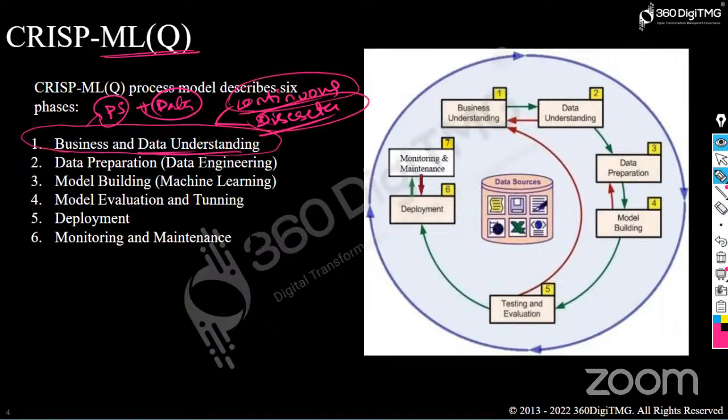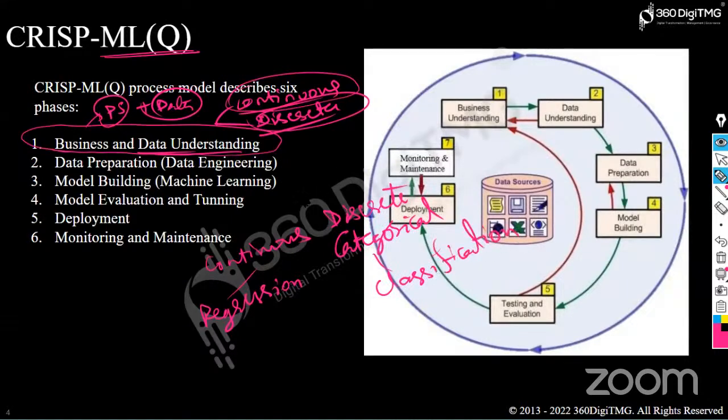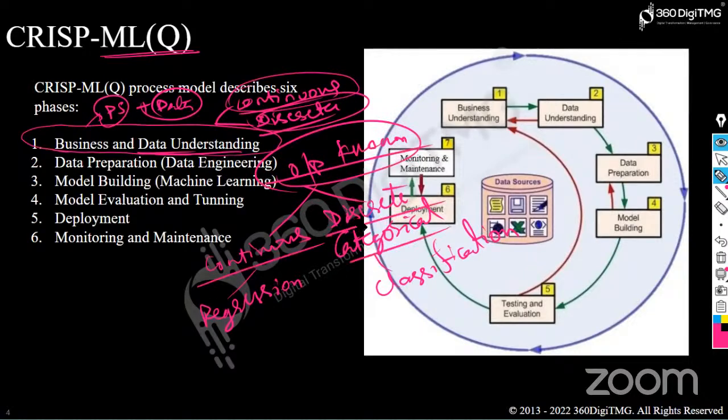How do you manage discrete data? When you have continuous data as an output, you'll be having a regression model. When you have discrete data with some categorical data, you'll be using a classification model. This is when you know the output. When you know the output, you can work with a classification model as well as a regression model.